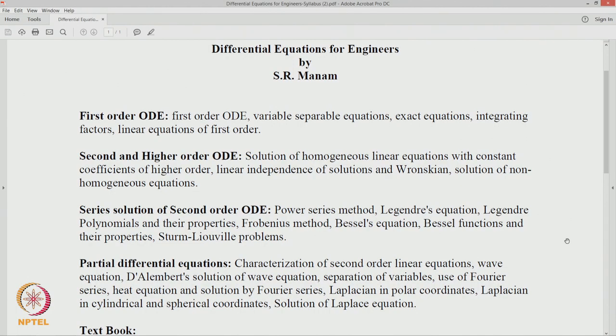Basically, the syllabus is divided into a few sections, a few modules. In the first module, we have first order ordinary differential equations. We will study these first order ordinary differential equations and their methods, both linear and nonlinear. Most of the nonlinear equations cannot be solved analytically.